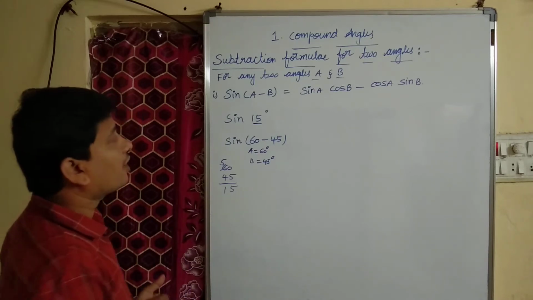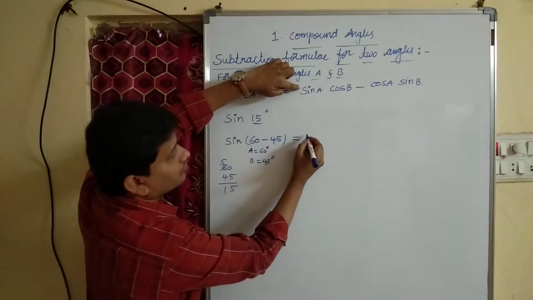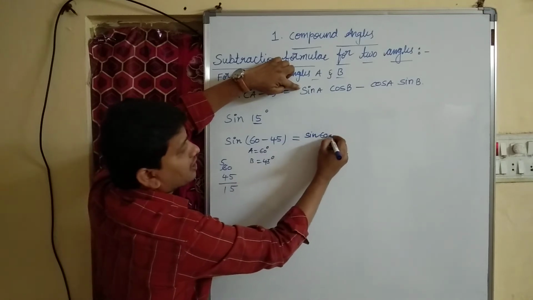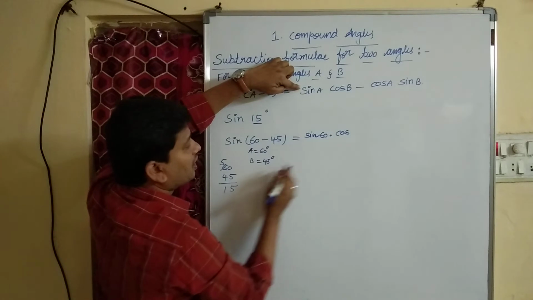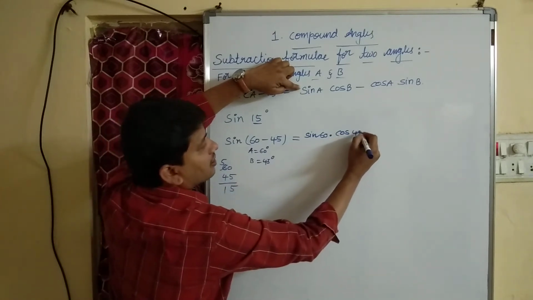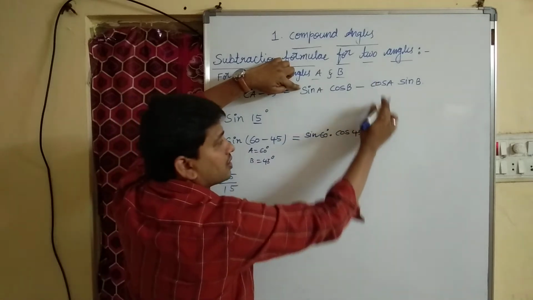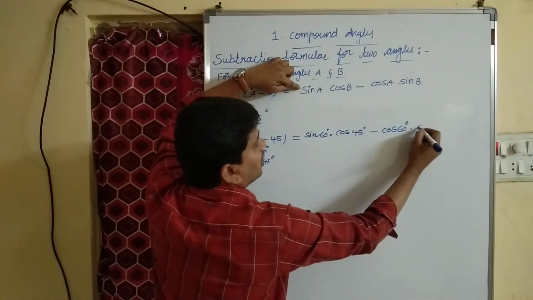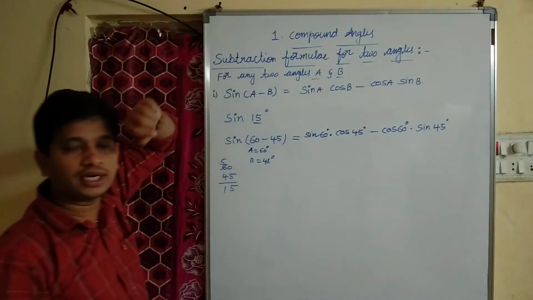We have the formula sin(A minus B) is equal to sin A, the value 60 degrees, into cos B, the value 45 degrees, minus cos A, the value 60 degrees, into sin B, the value 45 degrees, right?